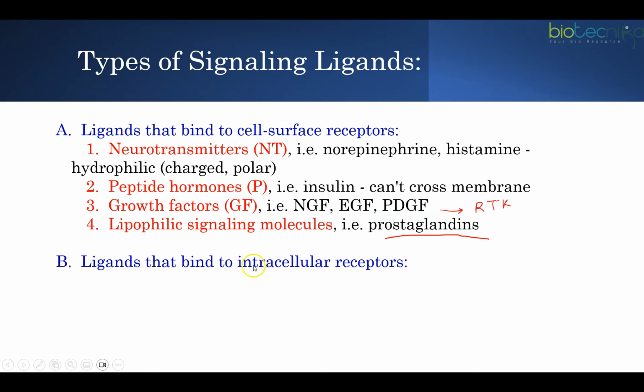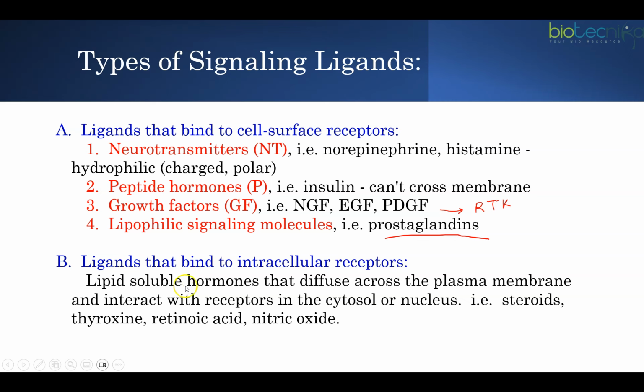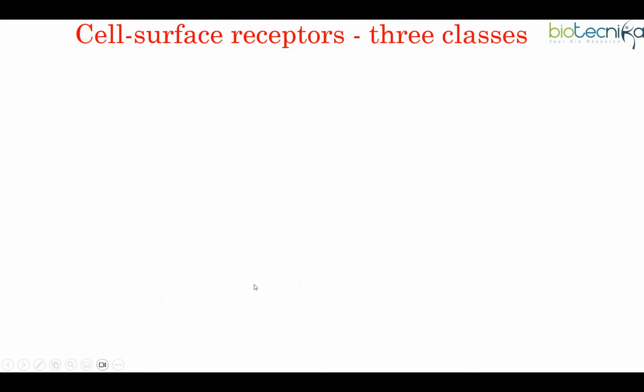Another type of ligand, as I said, won't bind the cell surface, but these will be intracellular receptors. Okay, so these are mainly lipid soluble hormones that diffuse across the plasma membrane and interact with receptors in the cytosol or nucleus. That is steroids, thyroxine, retinoic acid and nitric oxide, which don't have any problem going through the membrane. So why do they need a cell surface receptor? They can directly bind to the intracellular receptors.